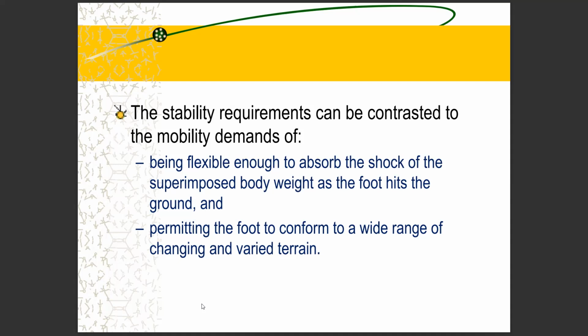There may be a smooth surface, a very rough surface, an uneven surface, a stony surface, a soft surface. So there is a conformation for that wide range of varied terrain.